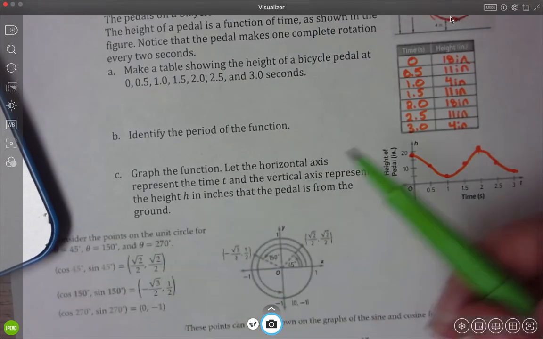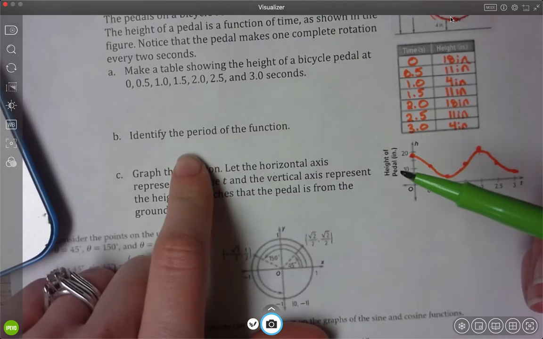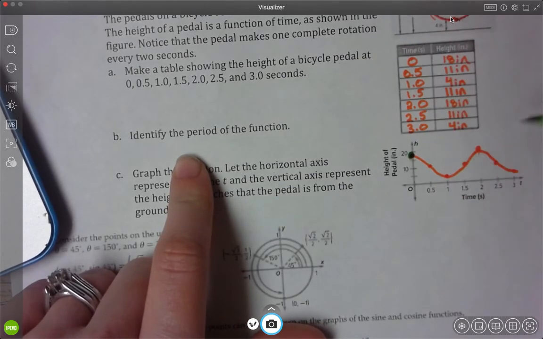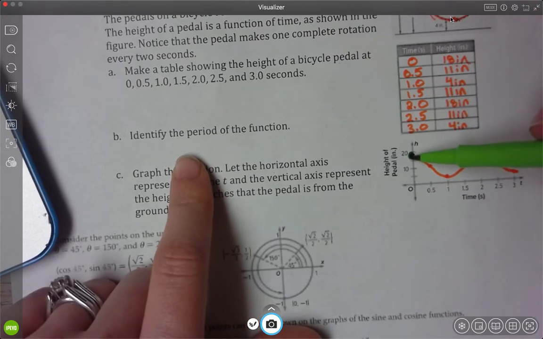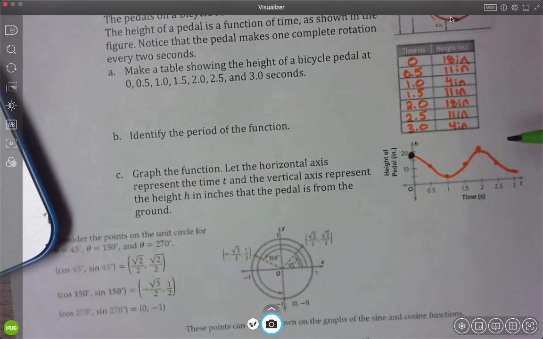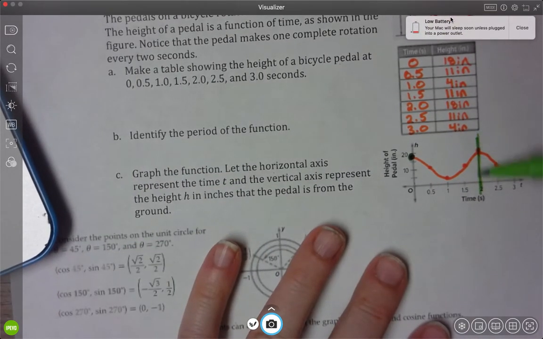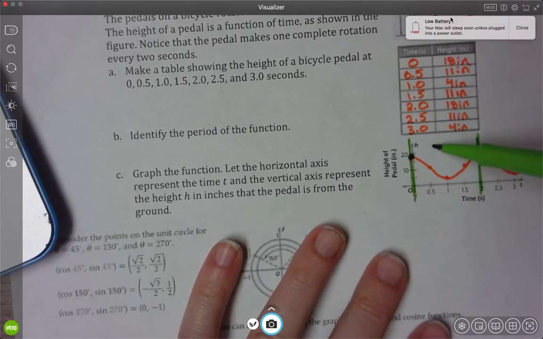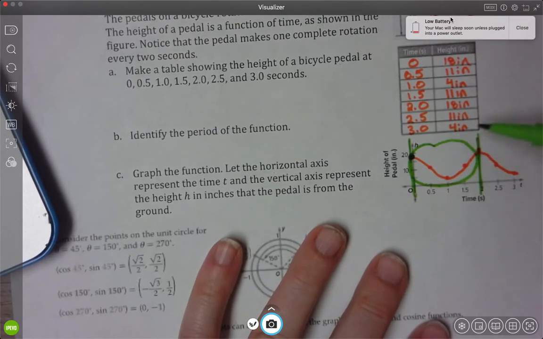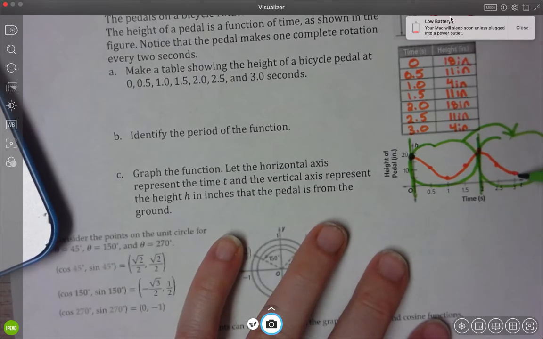They want us to identify the period of the function. So it's starting here at 18 inches, 18 inches off the ground. And how long does it take before I get back up to 18 inches and it starts to repeat that process again? If I section it off here, you can see that this chunk right here, I could copy paste it over and it would end up being the same section.